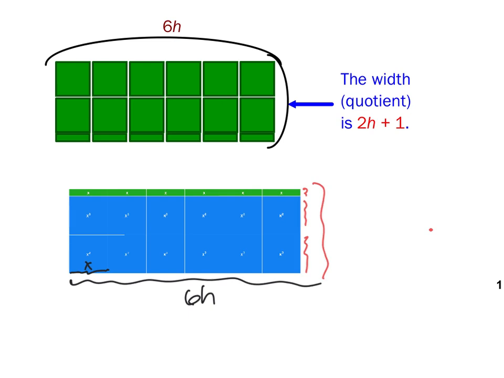This is h, that's h. What's this? One. This is 1. So this whole thing is going to be 2h plus 1, which checks out because that's what I have right there.